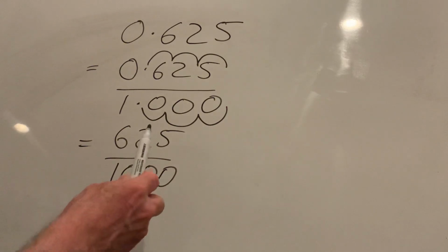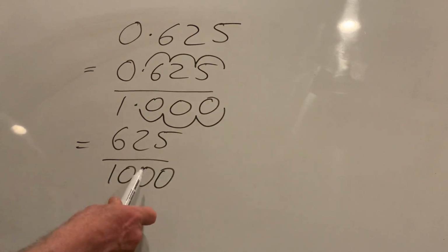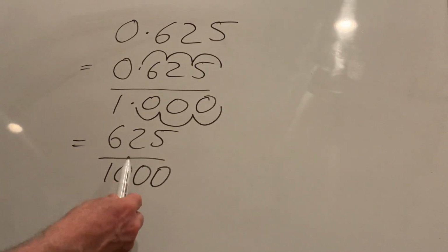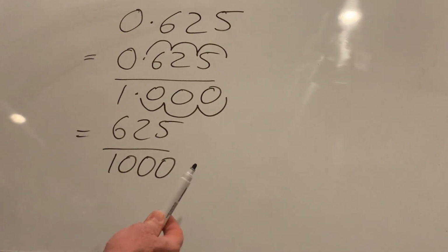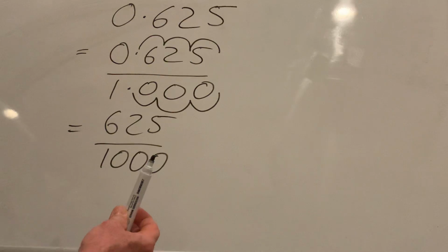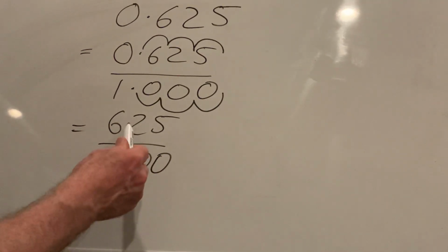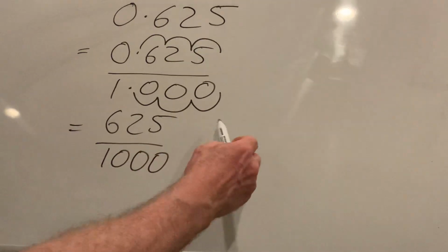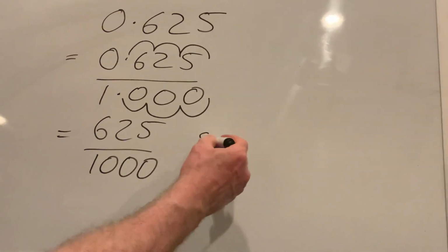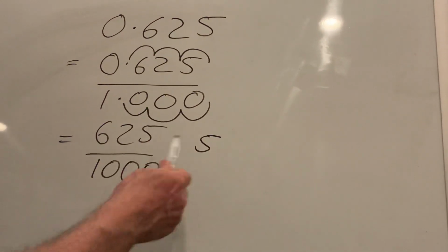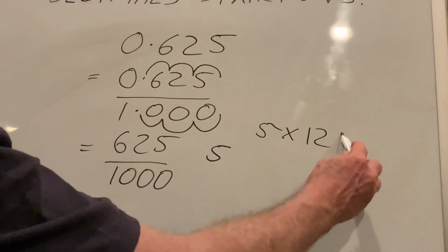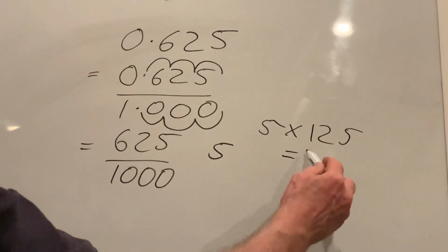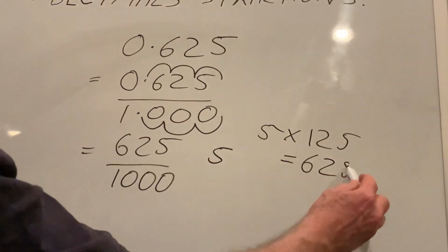Now, let's say you didn't know that 125 goes into both these numbers, because most people wouldn't know that, all right? Because if you divide 125 into that, you get 5, because 5 times 125 equals 625.